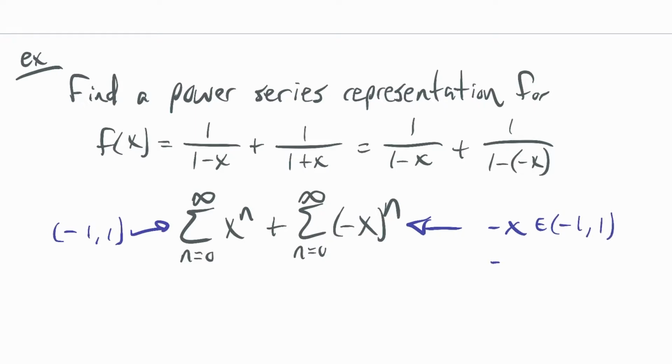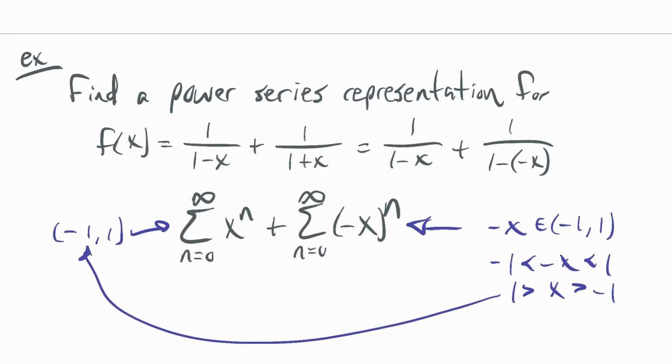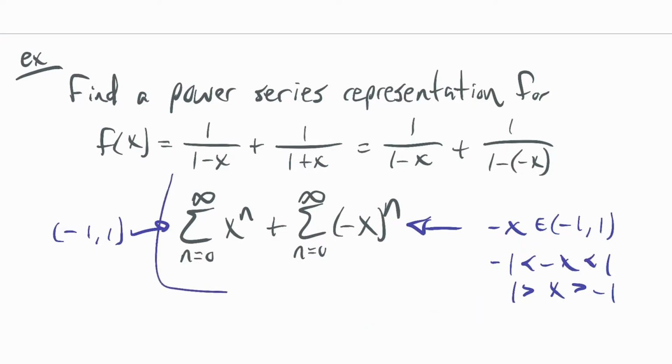So I'll say that -1 is less than negative x, which is less than 1. I can multiply each component by -1 and get 1 is greater than x, which is greater than -1. And that's the same interval as this. x is between -1 and +1. So this is a power series convergent on the interval -1 to 1.